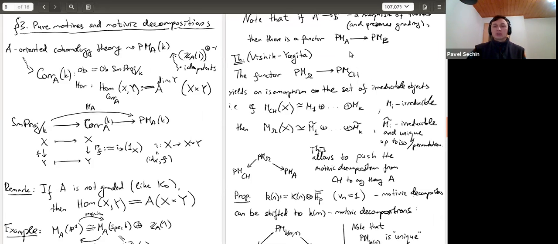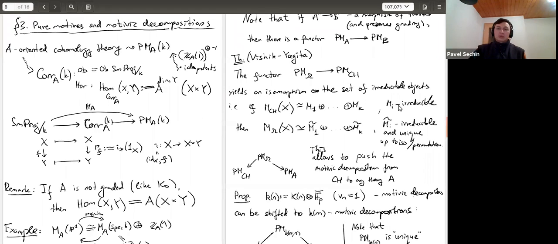And what Vishik and Nikita prove is that it is a very nice functor. It allows you to lift the decompositions from the Chow motives to Omega motives uniquely. And we can say that it yields an isomorphism of the set of irreducible objects. So if you have a decomposition of the Chow motive of X like that, then there is a decomposition of the Omega motive, and again, these summands will be irreducible.